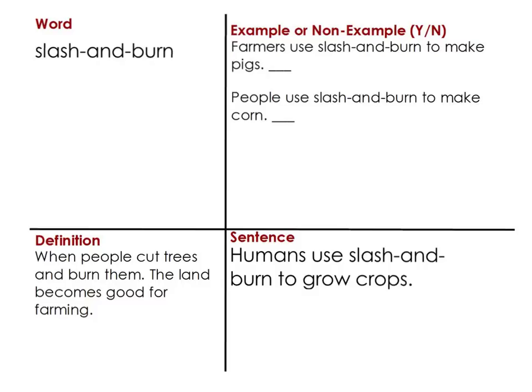Let's read the sentence. Humans use slash and burn to grow crops. I'll read the example or non-example. Farmers use slash and burn to make pigs. People use slash and burn to make corn.